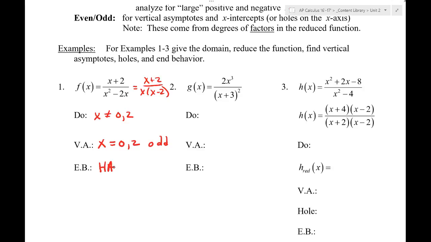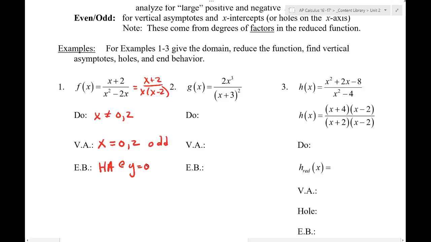So if we have a fraction, is it bigger on the top, bigger on the bottom, or the same? Bigger on the bottom, right? You got x over x squared. So where's my horizontal asymptote? At 0. If it's bigger on the bottom, it always goes to 0. So I have a horizontal asymptote at y equals 0. So that's going to tell me my end behavior on both ends.